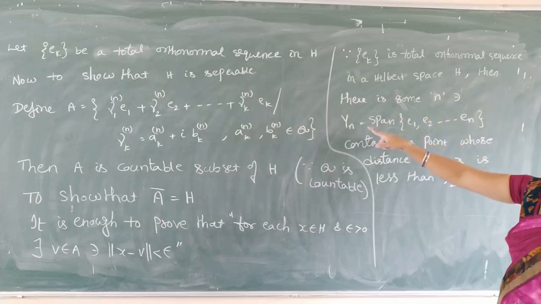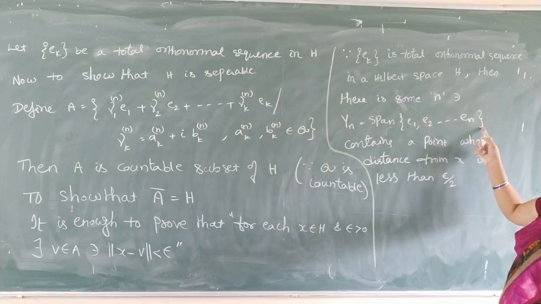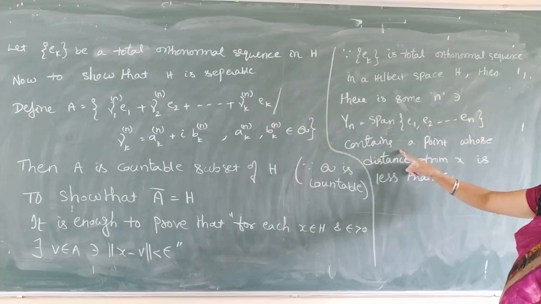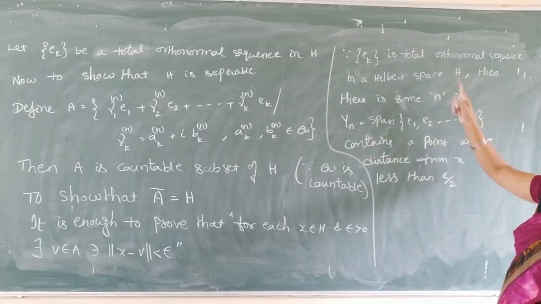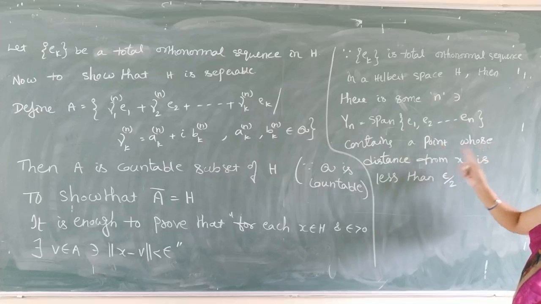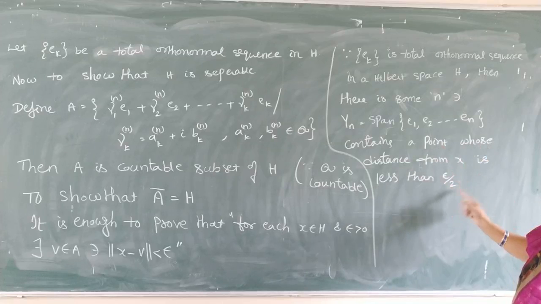We take gamma n equal to the span of e_1 up to e_n. Span means all possible linear combinations. This gamma n contains a point whose distance from x is less than epsilon by 2.